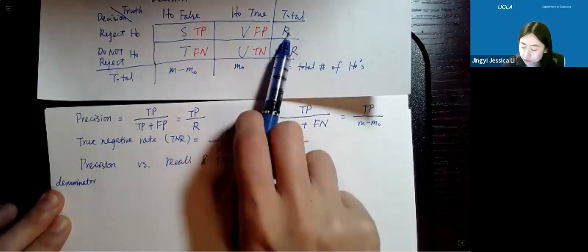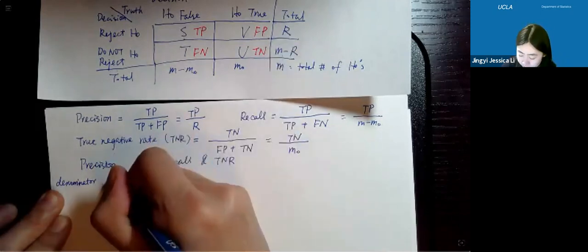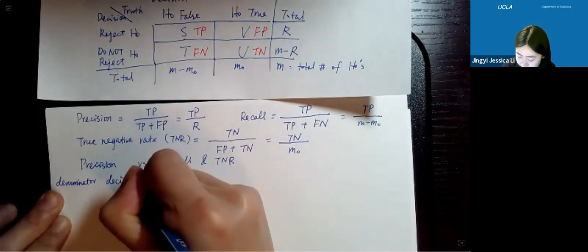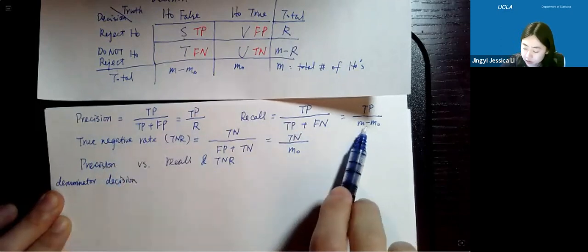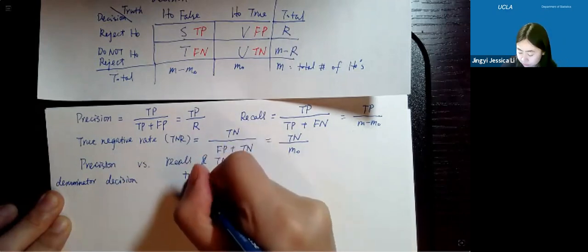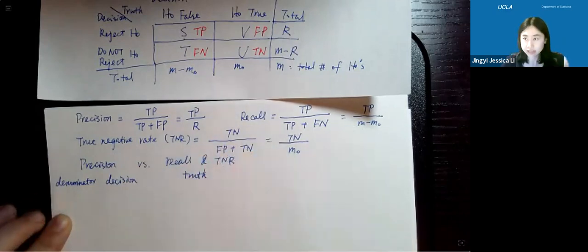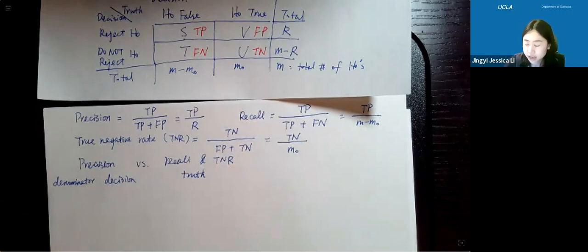It's the number of rejections, so this is based on our decision. While over here, their denominators are only based on the truth. That is a very important difference, especially in our statistical analysis.